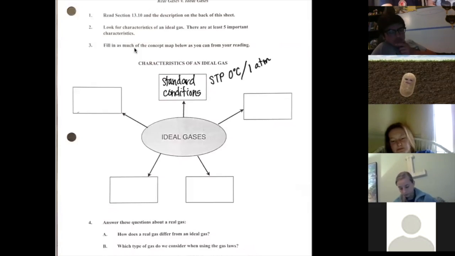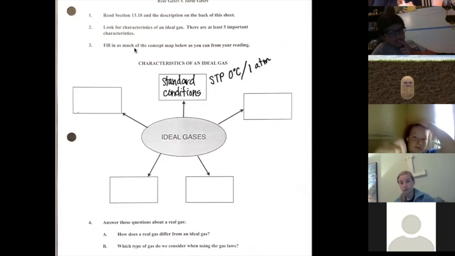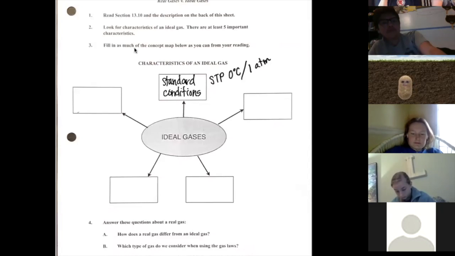There are several assumptions that go along with ideal gases. One of them is that gas particles are so far apart from each other, so you think of a tiny little pinpoint atom or molecule and another tiny little pinpoint atom close to it, you're not going to have any mutual attractions.